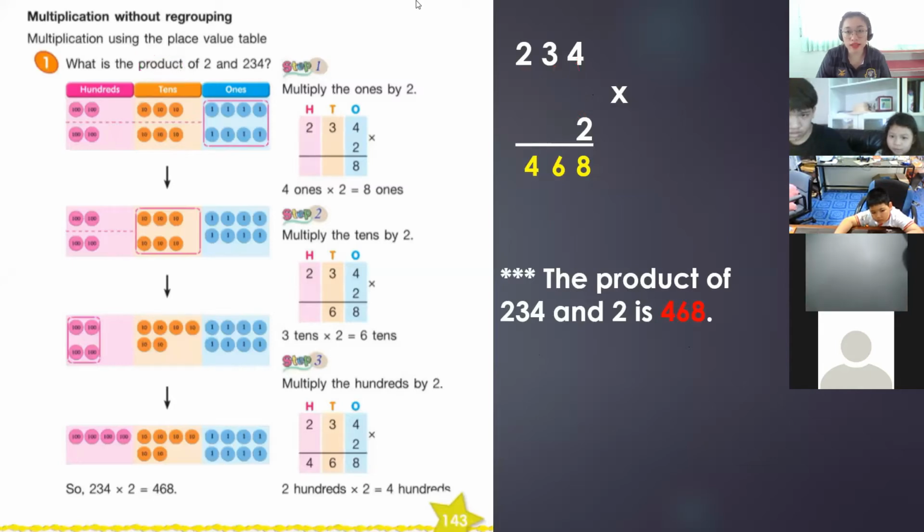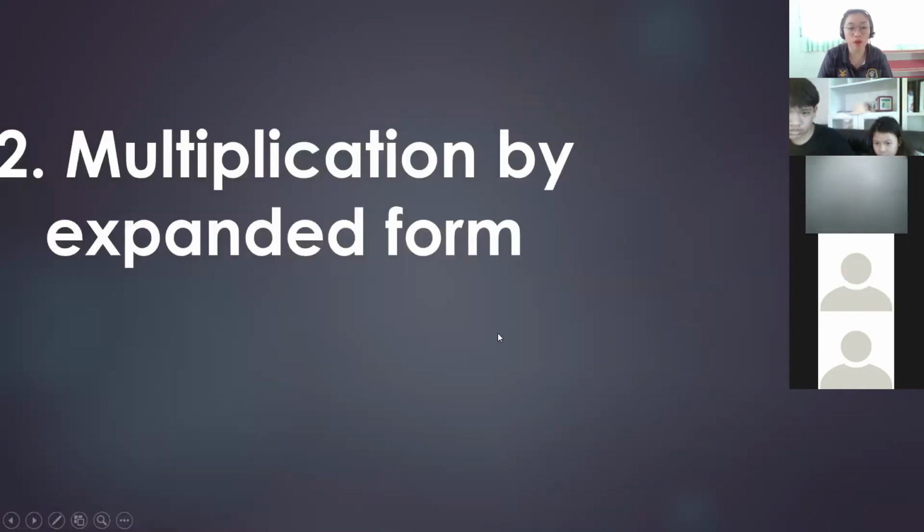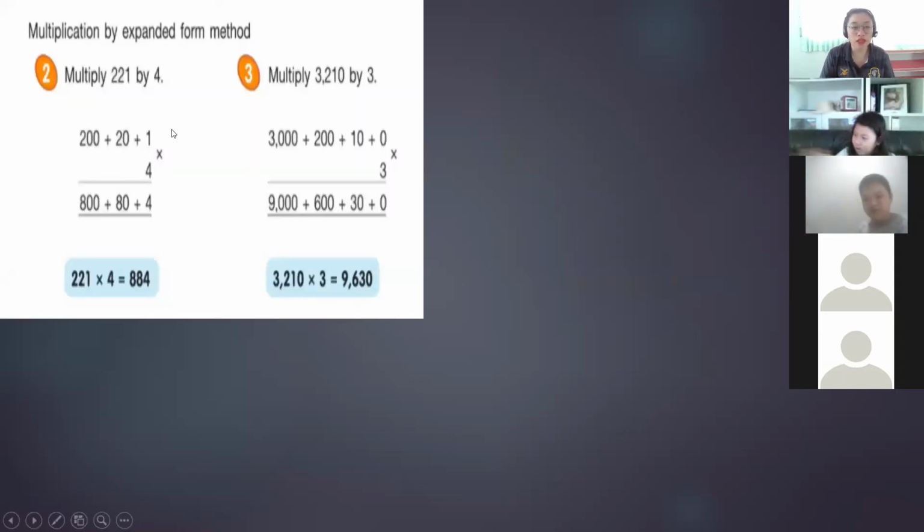The next example, on page 144, is multiplication by expanded form. We're going to multiply using the expanded form of each number. In example number 2, multiply 221 by 4.